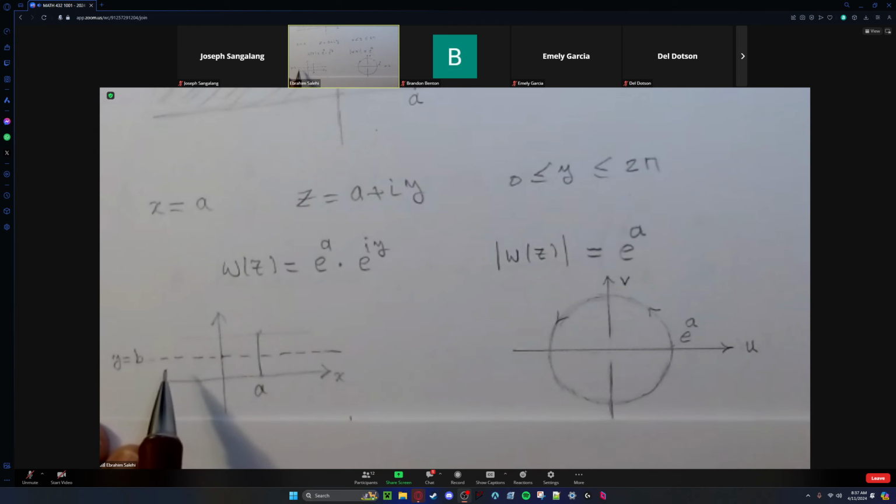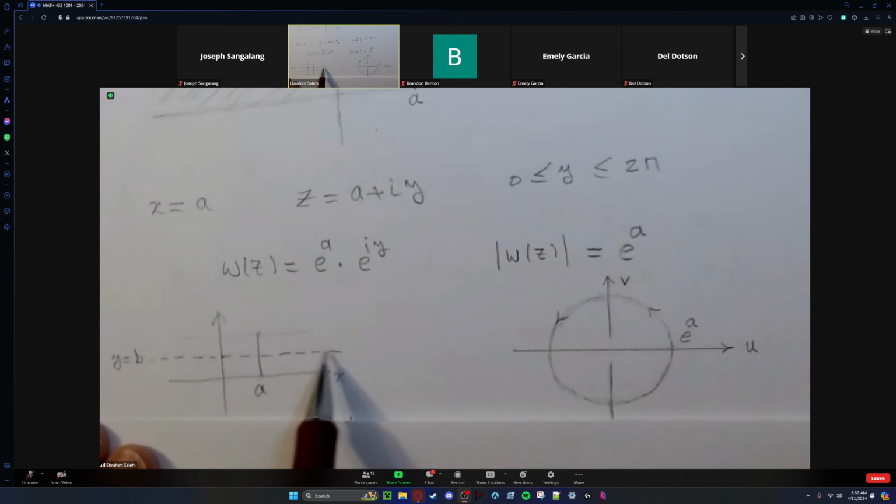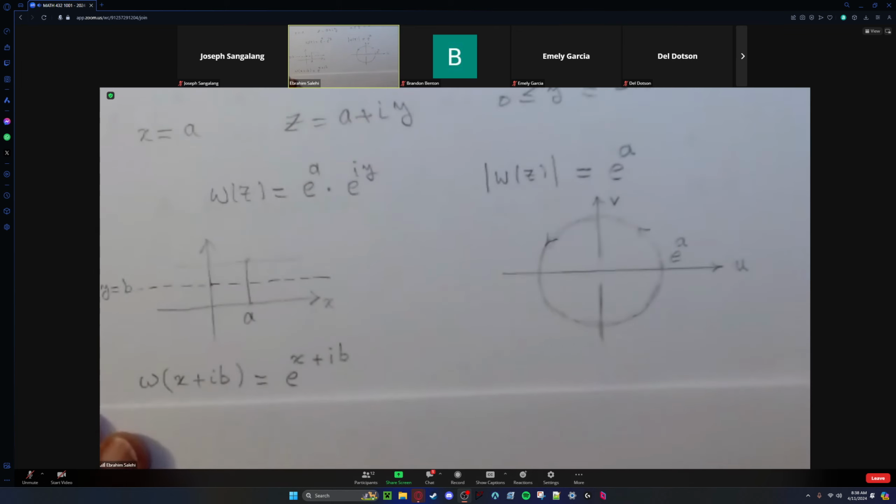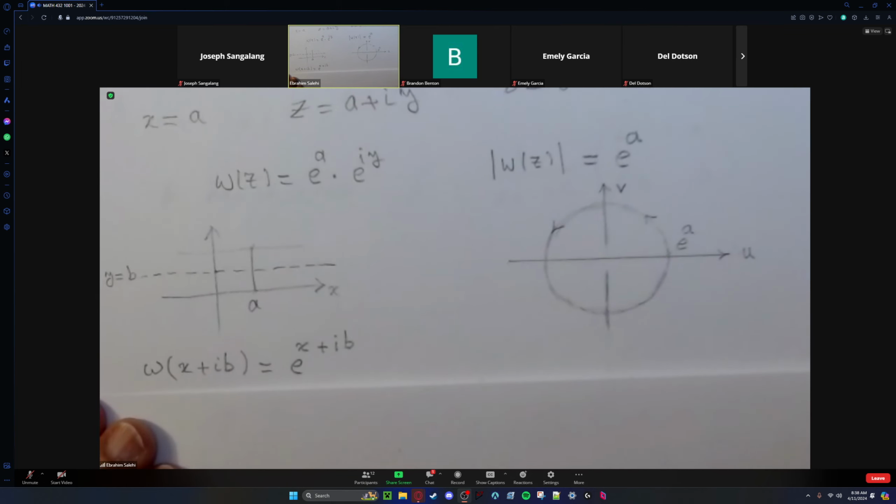How about this horizontal line? Now look, x goes from negative infinity to infinity, of course, but y is fixed, right? In this case, this is a complex number whose argument is b, but its modulus is e to the x.